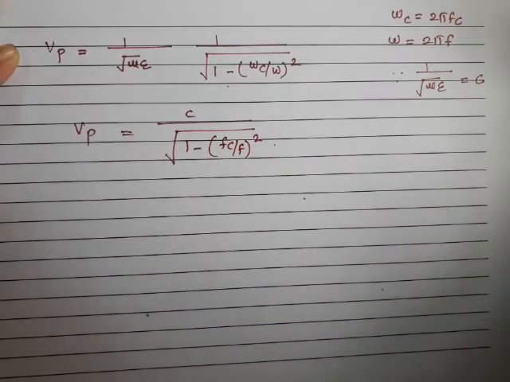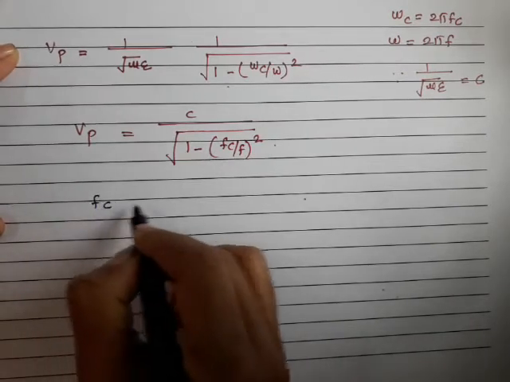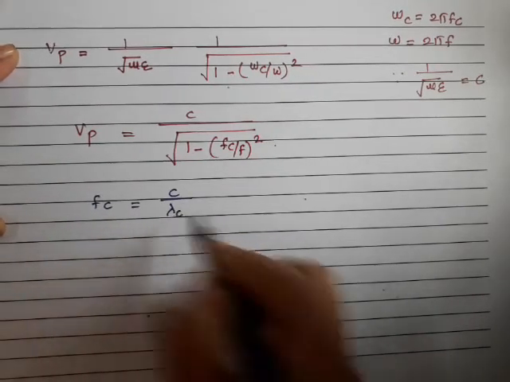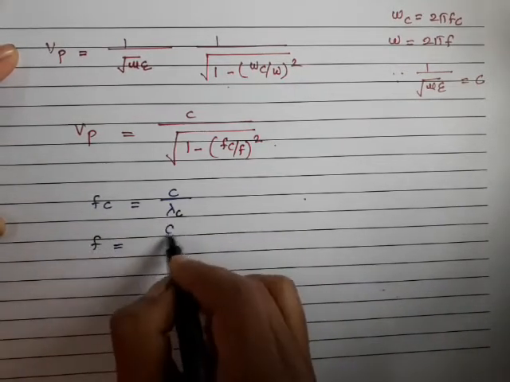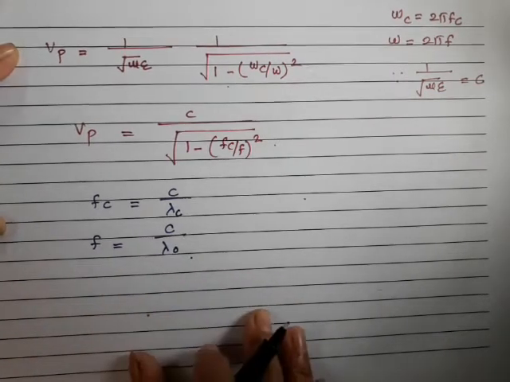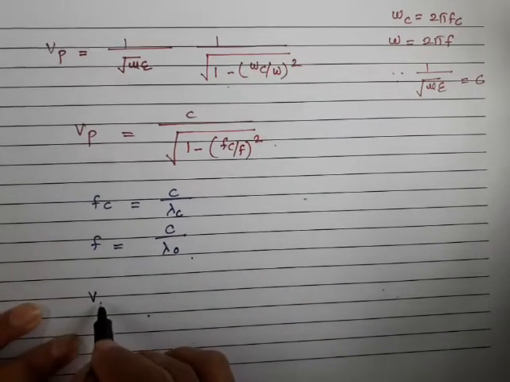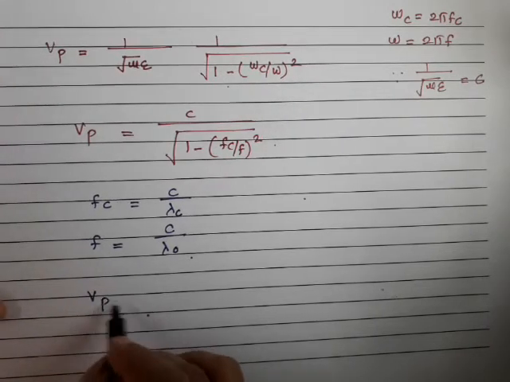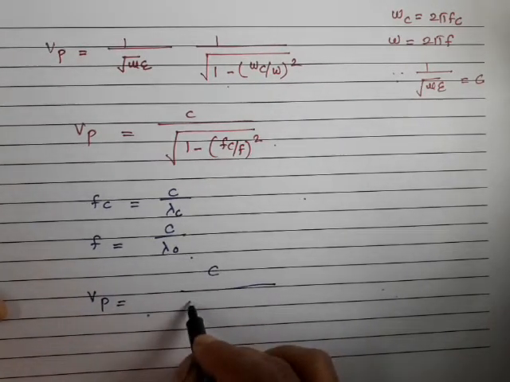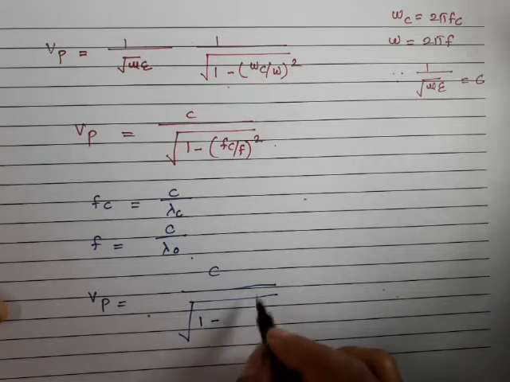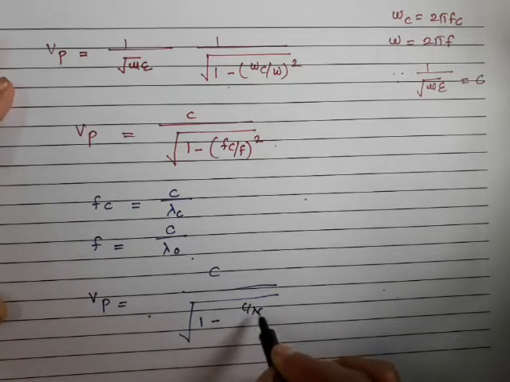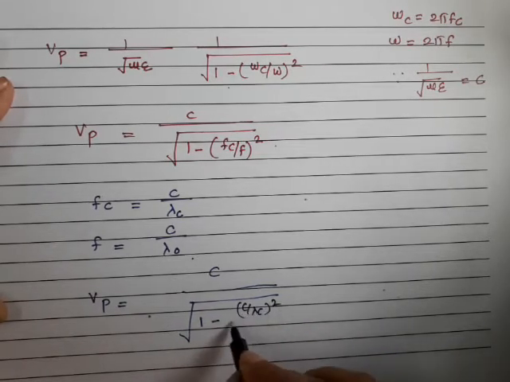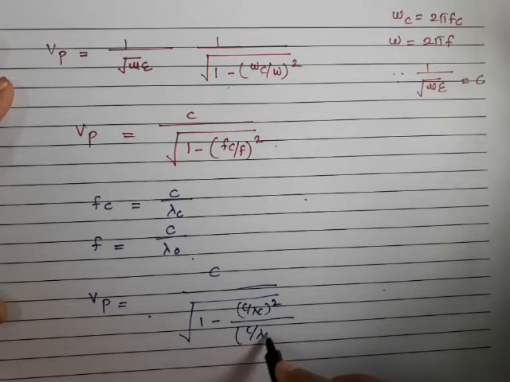Okay. Now we know that fc is nothing but c by lambda c, and f is nothing but c by lambda 0. So if we further put those values, Vp is equal to c divided by the square root of 1 minus c by lambda c whole square over c by lambda 0 square.